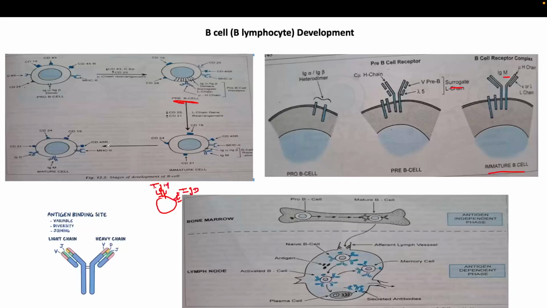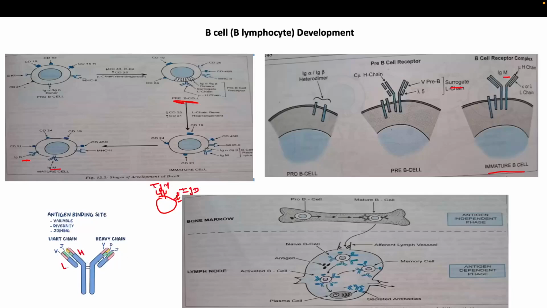Here you can see that in the mature cell there are two types of antibody, one is IgM and another one is IgD. Then it is called the mature B cell. When I am talking about rearrangement, what is happening there? In the antibody there are two chains, the heavy chain and the light chain.